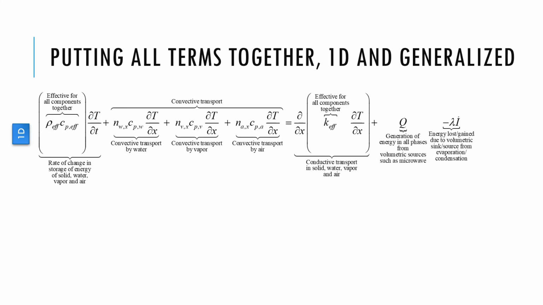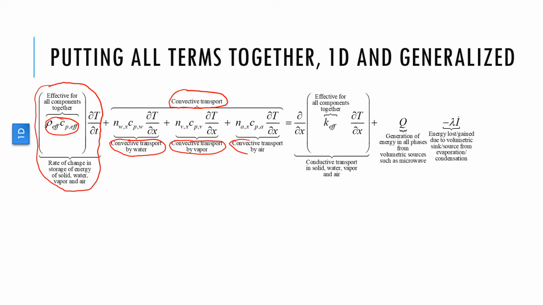So putting all the terms together, let's say for 1D, so that it's easy to see, we have the storage term or the transient term that has the rho Cp effective. Then we have the convective term that has the convective transport by each of the phases.